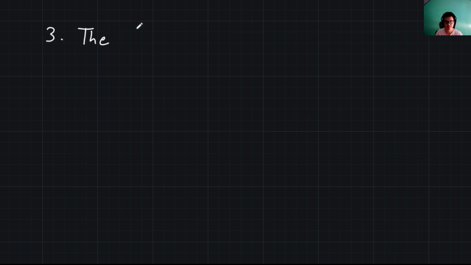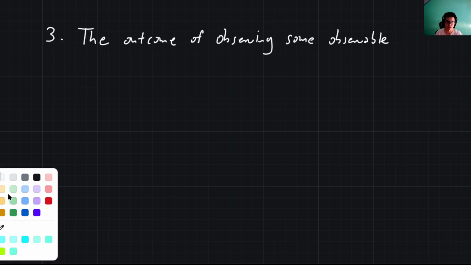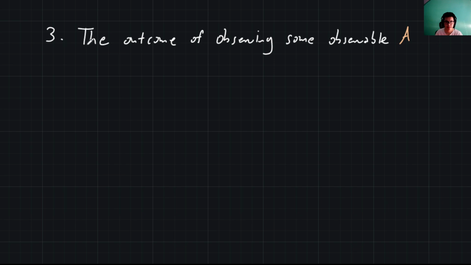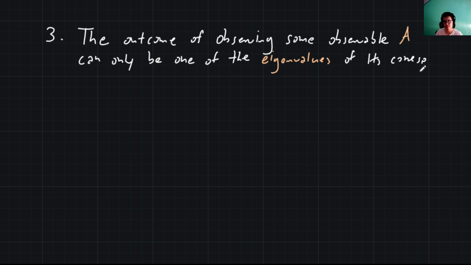The outcome of observing some observable, let's call this A, can only be one of the eigenvalues of its corresponding operator, the corresponding operator A hat.